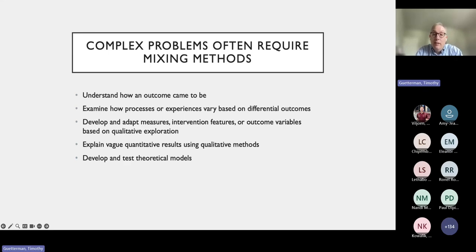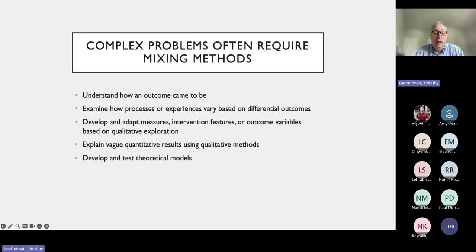And often it's just complex problems that require mixing of methods. So some reasons why we would do that: to understand how an outcome came to be. So, why is it, for instance, that a particular intervention is effective, or why is it that we see lower academic scores in the Republic of Georgia right now?